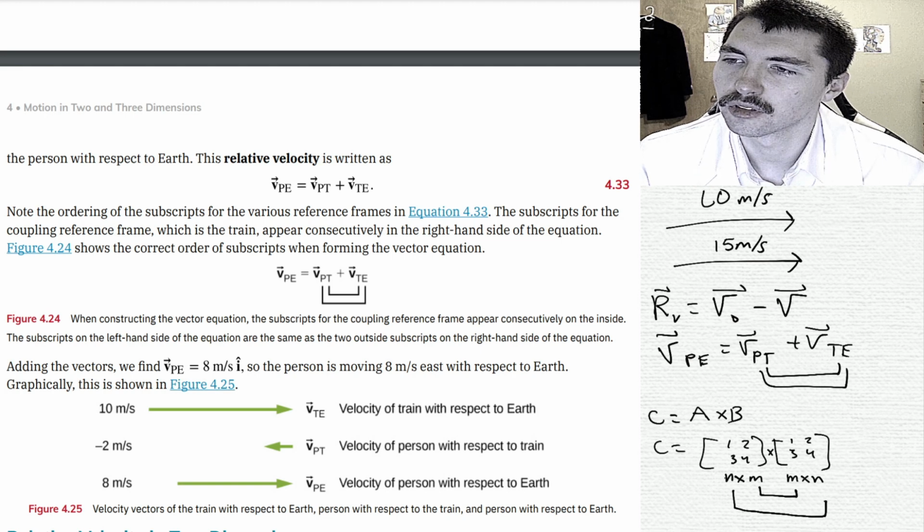So this first number is the rows. So if the amount of columns here, 2, does not equal the amount of rows, then you can't do matrix multiplication.